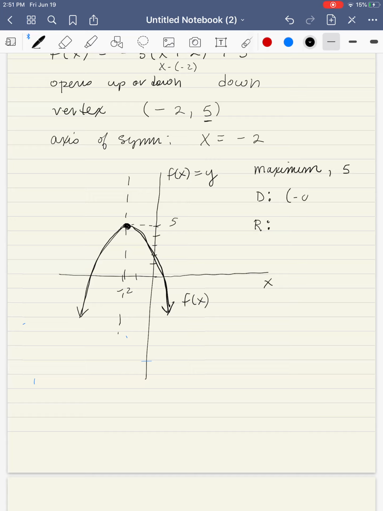And we see that our domain, going left to right, we're always touching the graph, so it's -infinity to infinity. And my range going bottom to top, I'm going forever downwards. As I keep coming up, the last place that I'm touching the graph is at 5, and I am including 5. So that's my range.